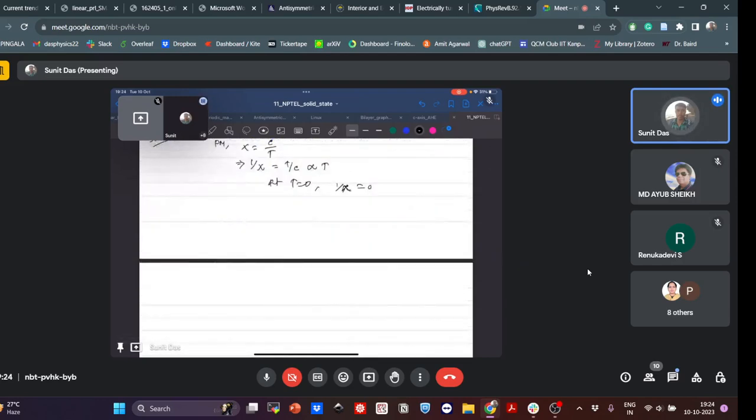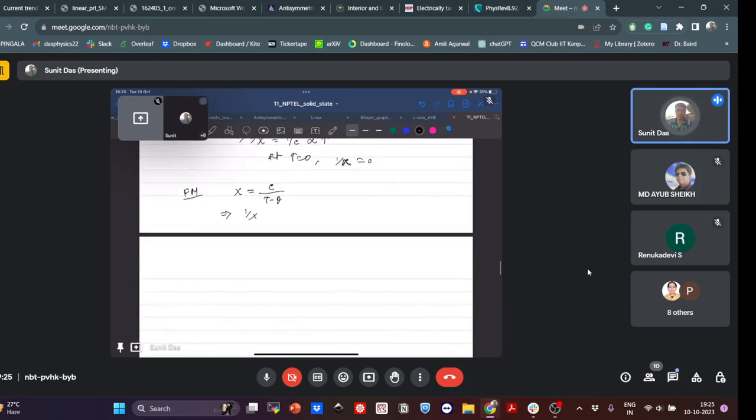And then for ferromagnet, the susceptibility is given as C, some constant, by T minus theta. So theta is the Curie temperature. 1 by chi is proportional to T minus theta.